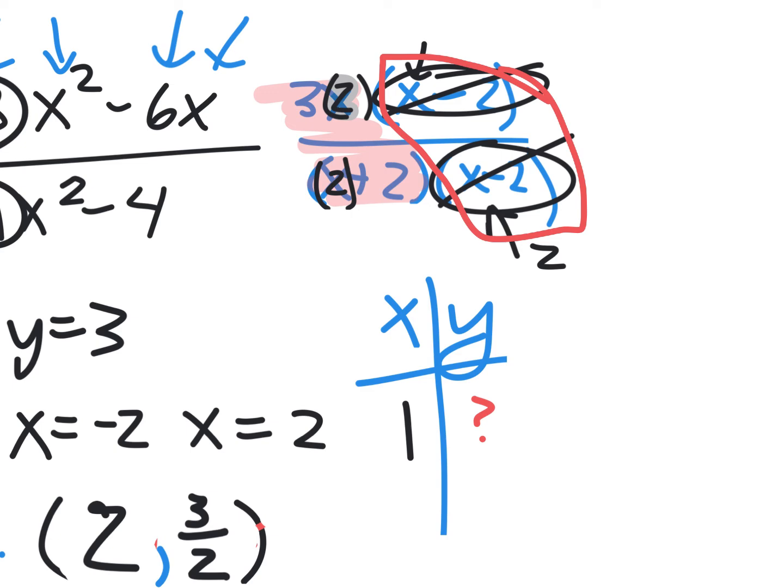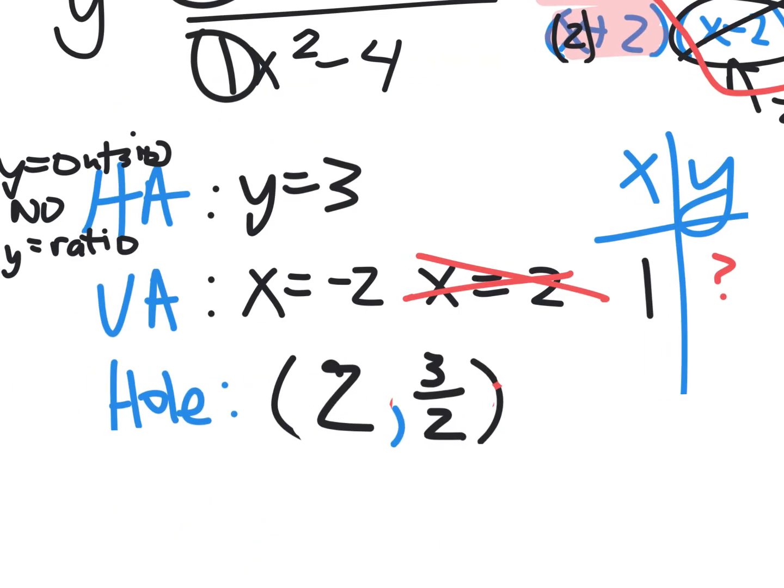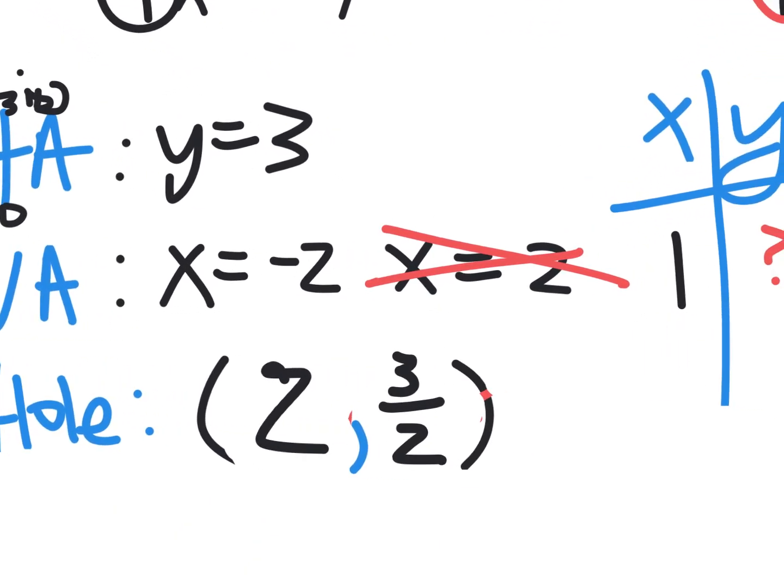It's only if there was another x minus 2 on the bottom, then it would be a hole and an asymptote at the same time, and in that scenario, the asymptote would win. This is not that scenario. There was just one thing that canceled. It's a hole. So if it's a hole, it's not an asymptote. Okay? So this one only had one vertical asymptote at negative 2.